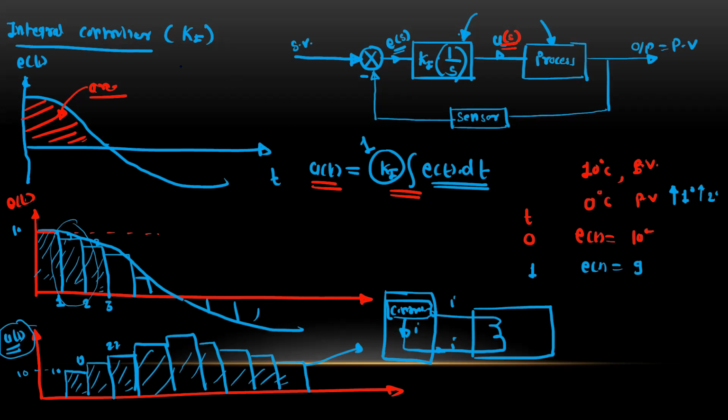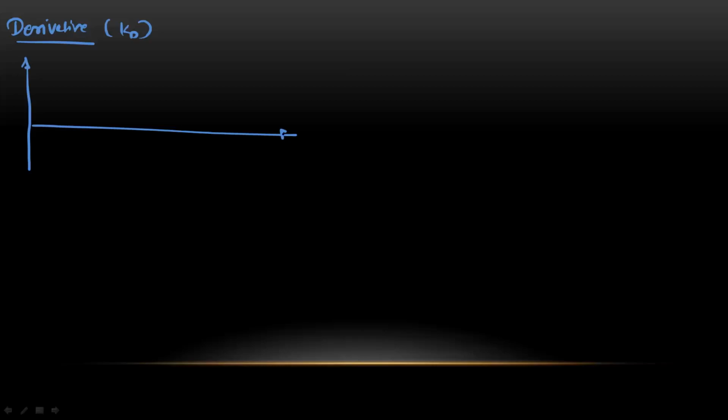Next, we have the derivative controller. The derivative controller will try to find out the slope of the error curve. So if you have the error curve like this, this is E of t and this is the time.